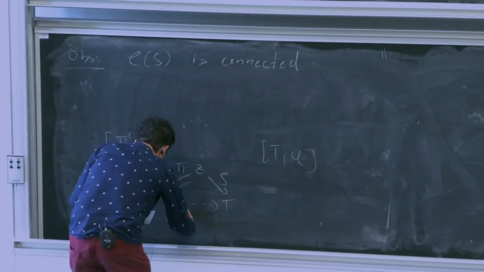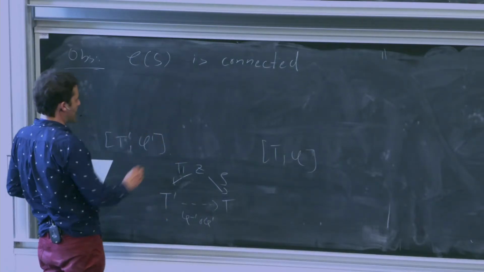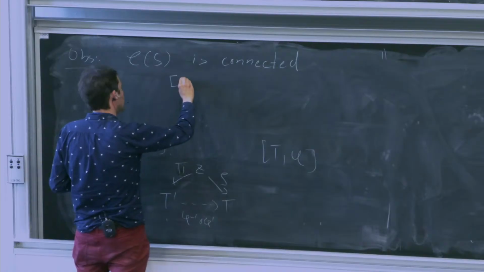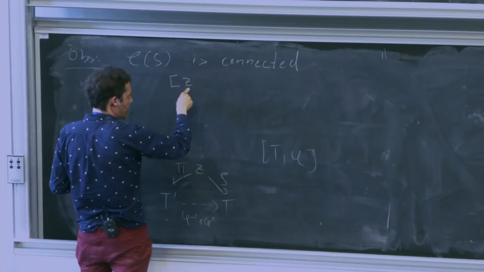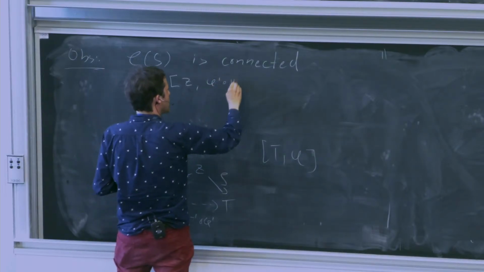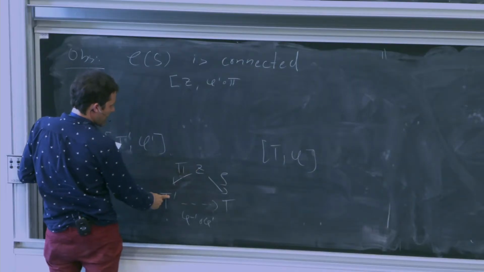So here we have phi inverse composed with phi prime. Then we can just consider up here the marked surface Z with the marking phi prime composed with pi. So we first go down to T prime and then to S.